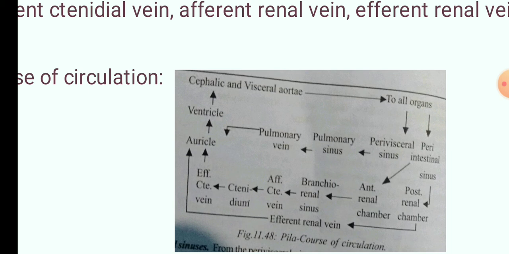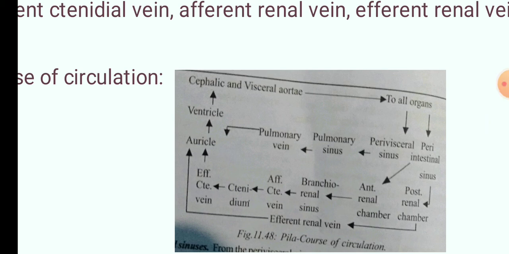After getting oxygenated, it passes into the efferent tenadial vein, and from the efferent tenadial vein it is pushed into the auricle. This is the aquatic pathway. Whereas in the terrestrial form, the blood from the perivisceral sinus goes to the pulmonary sinus, and through the pulmonary vein it enters the auricle.